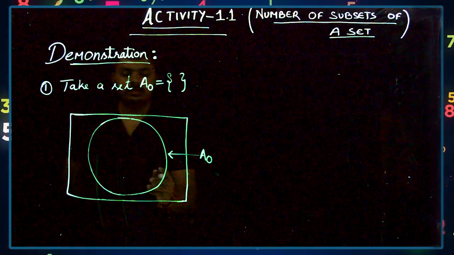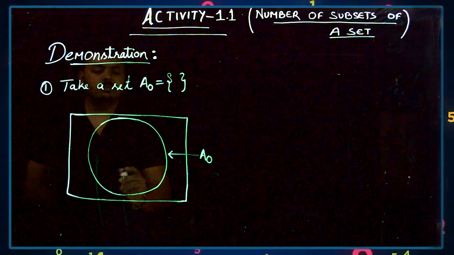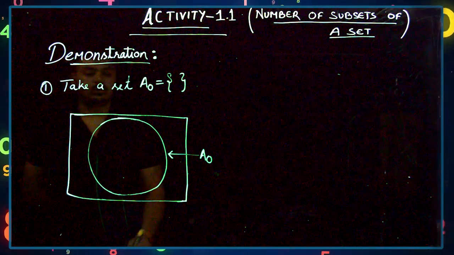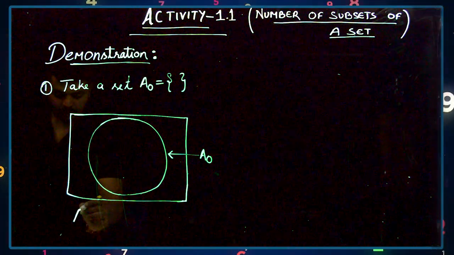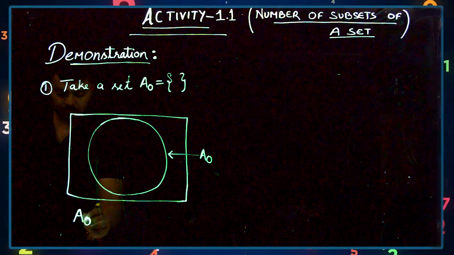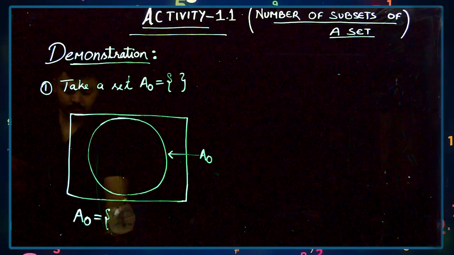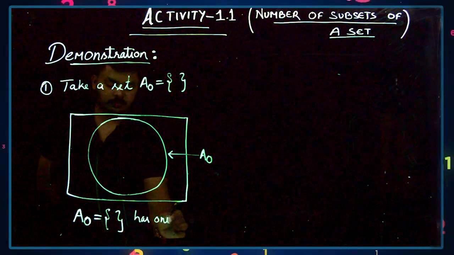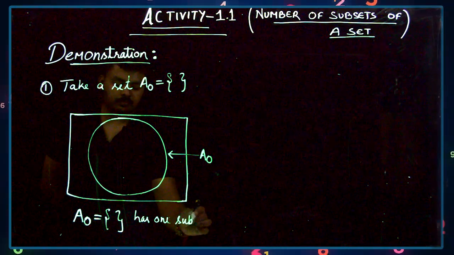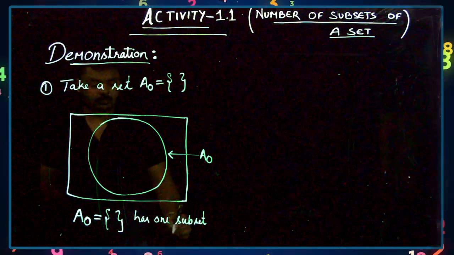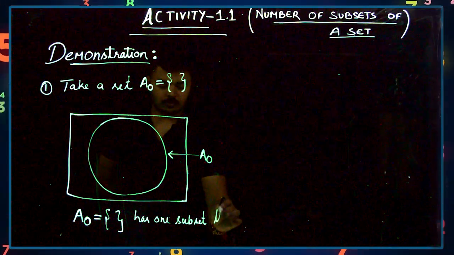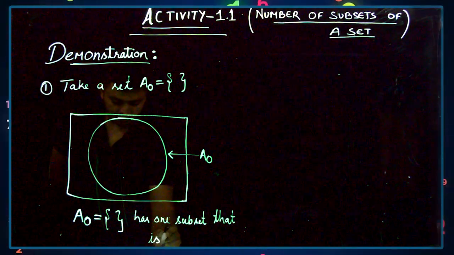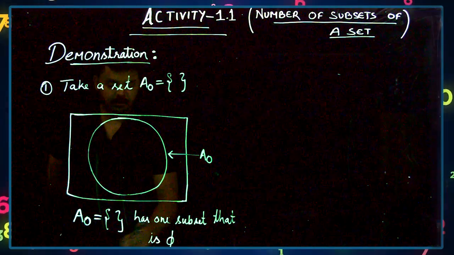Since it is an empty set, there is no element inside this circle that represents set A0. So we can say A0 has one subset, that is phi.